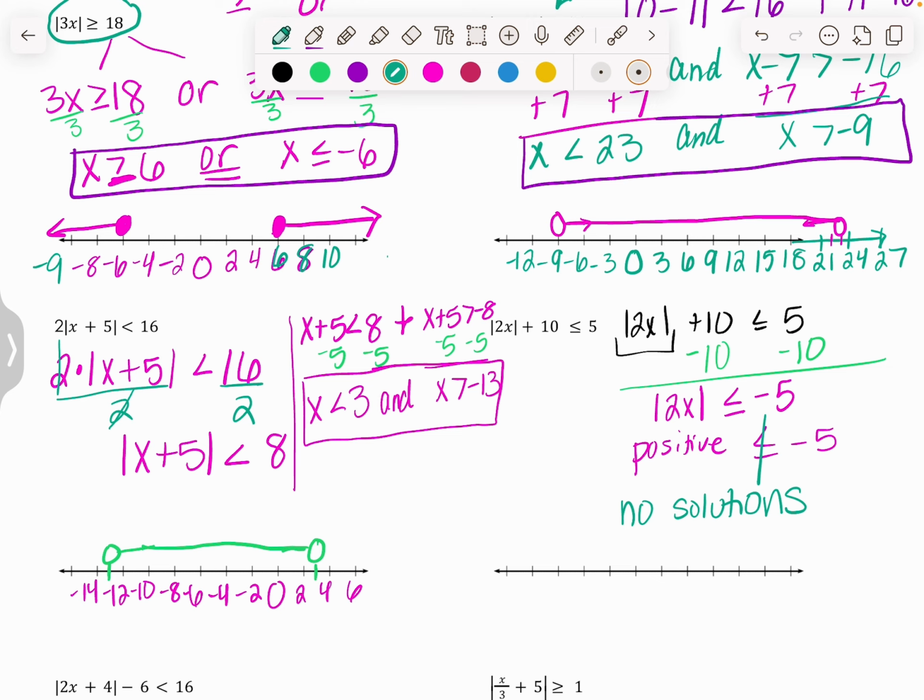So you do have to think about it really carefully, because sometimes absolute values can have a negative number on the right side, but it has to be greater than, because you can have values bigger than a negative, but you can't have positive values less than a negative. So this is no solution because it's less than a negative number, which is not possible.